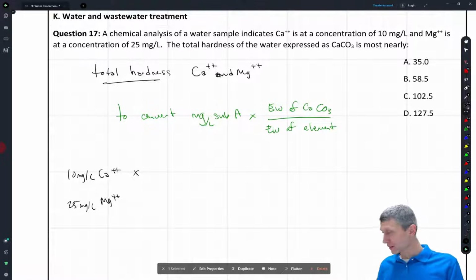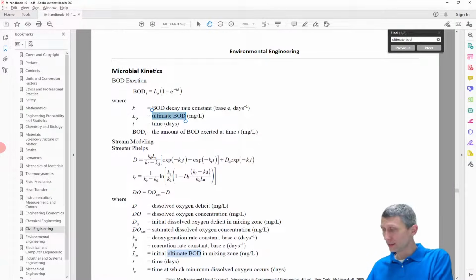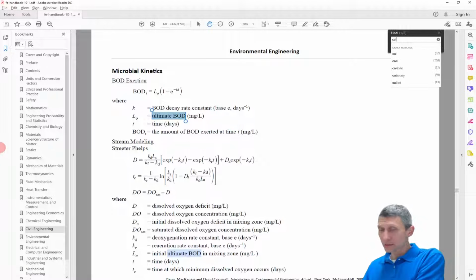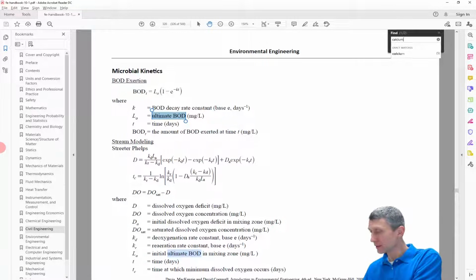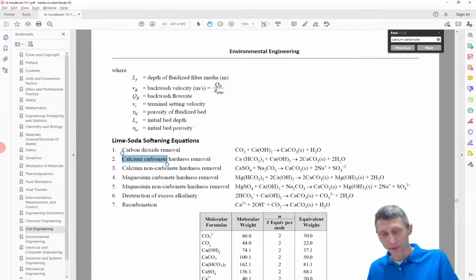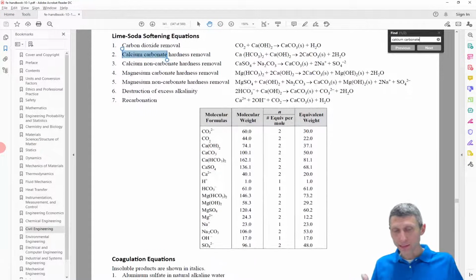So let's go and find our equivalent weights here, and we can come back. Where is that? That was calcium carbonate, right? So if we come back to calcium carbonate, we come back to this table, which is nice because this gives us our calcium carbonate, which we could use the 50 or the 100.1, and then for our calcium we can use the 20 or 40.1.